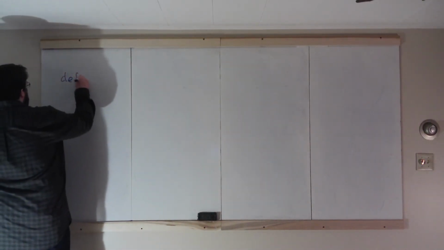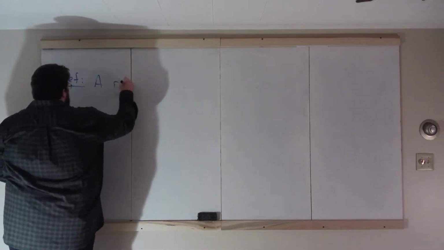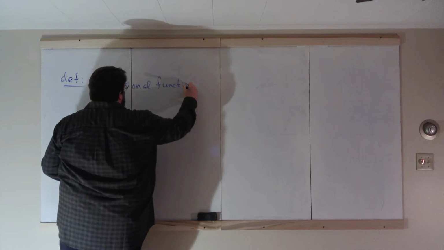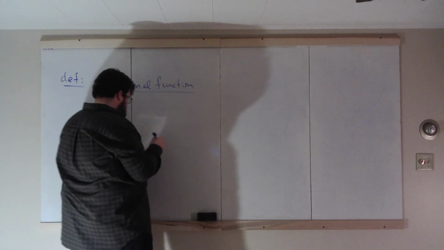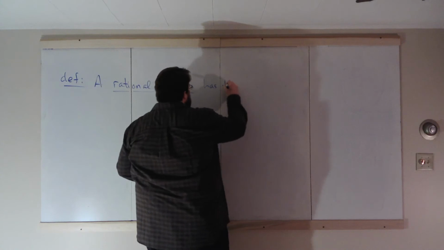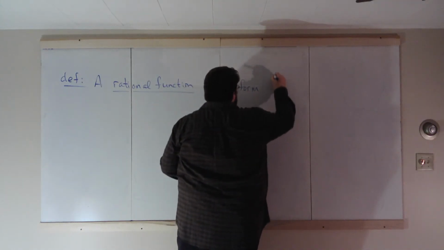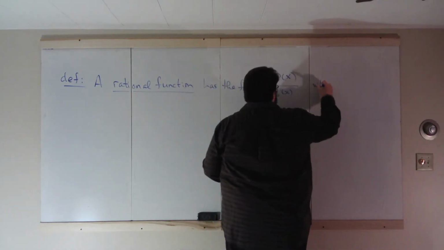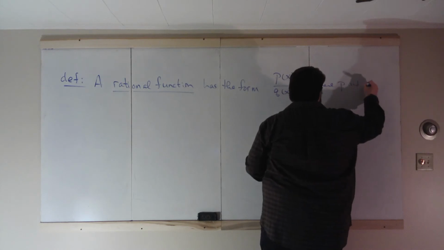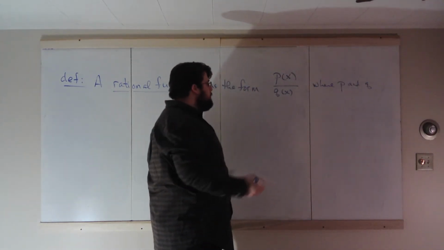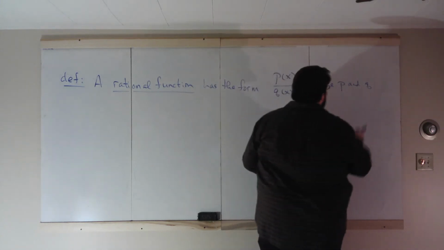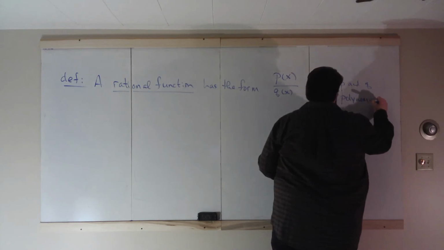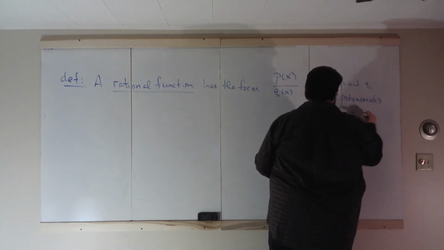Definition. A rational function has the form p of x divided by q of x, where p and q, sometimes I don't write the of x when it's implied, are polynomials and q is not 0.